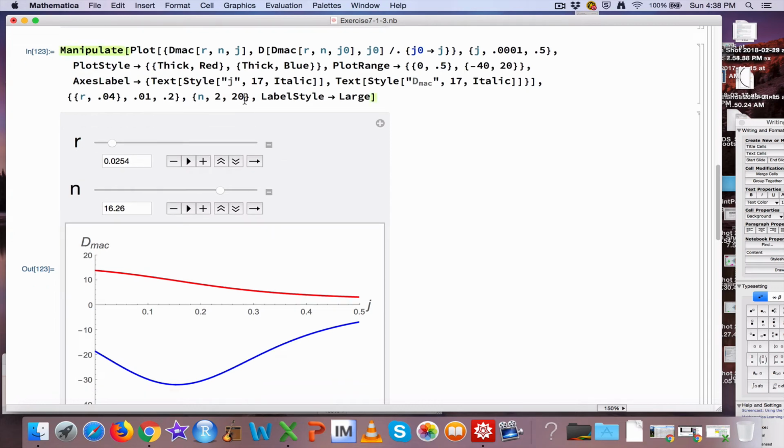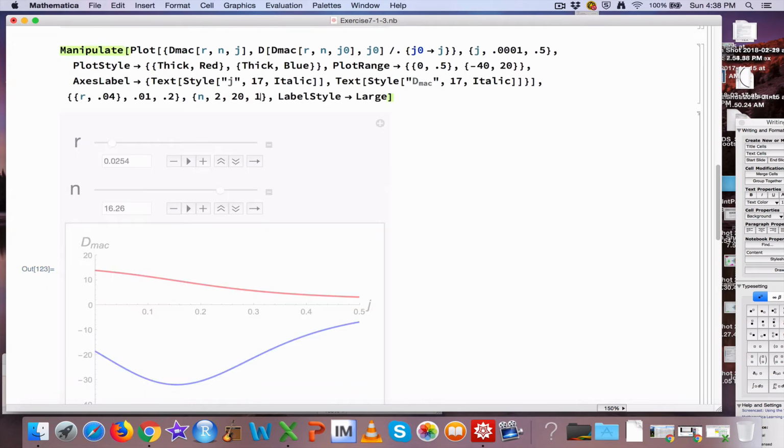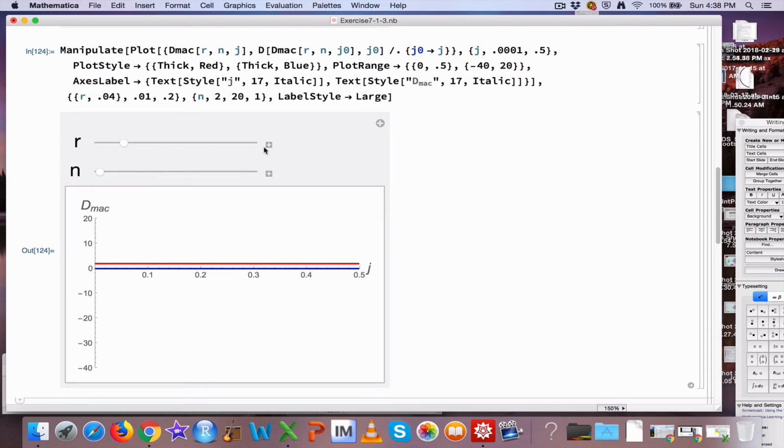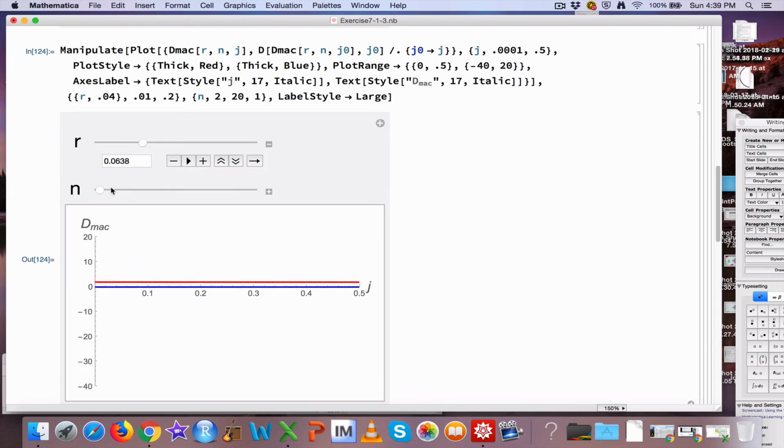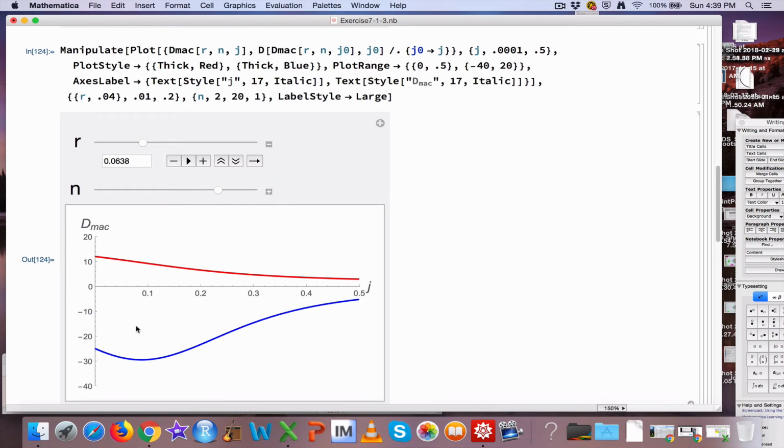Actually, I should let n only be an integer here. When n is large, this graph, the derivative, has a minimum at about 0.1. So there's an inflection point in the red duration graph at about 0.1.